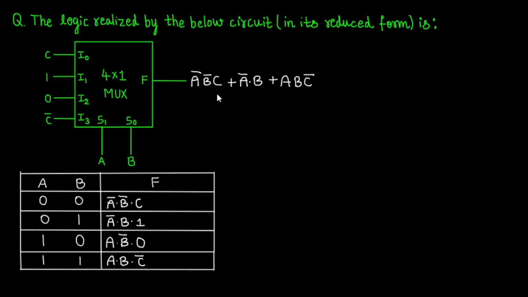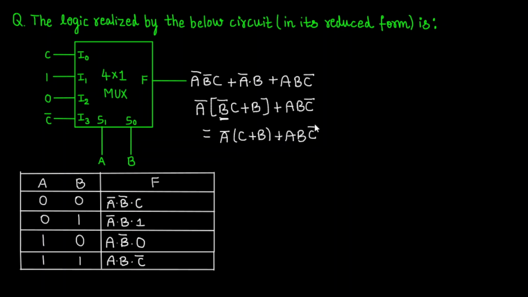Now here I can see that this A bar is common. So A bar into B bar C plus B bar, plus A B C bar, which is here you can see that B bar plus B bar C. So as per the Boolean formula, this B bar must be neglected. So A bar into C plus B, plus A B C bar.